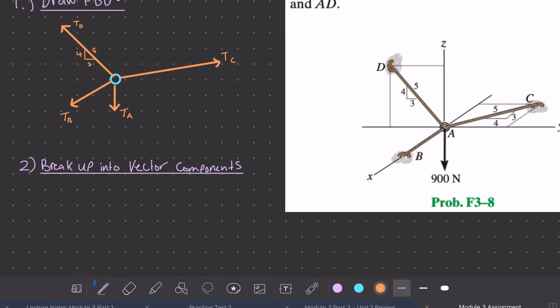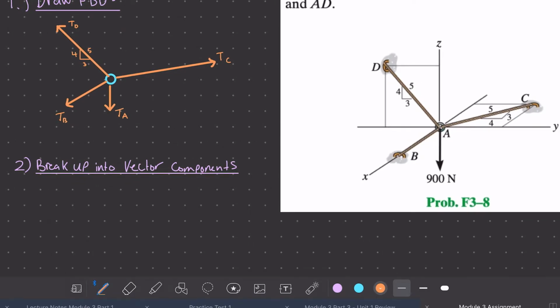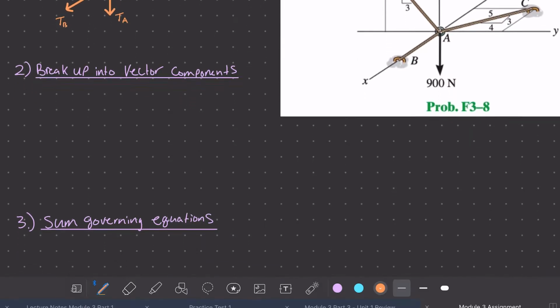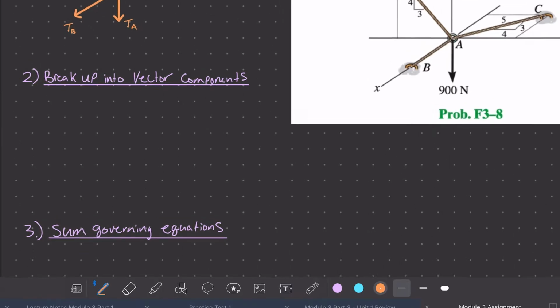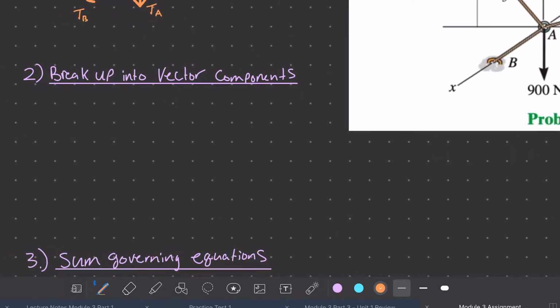And once we have that, we can work on the vector components, starting with vector TA. In vector notation, that will have an x component of 0, a y component of 0, and a z component of negative 900.